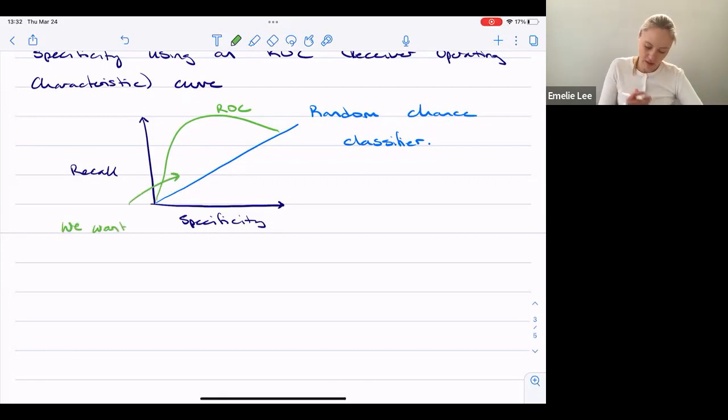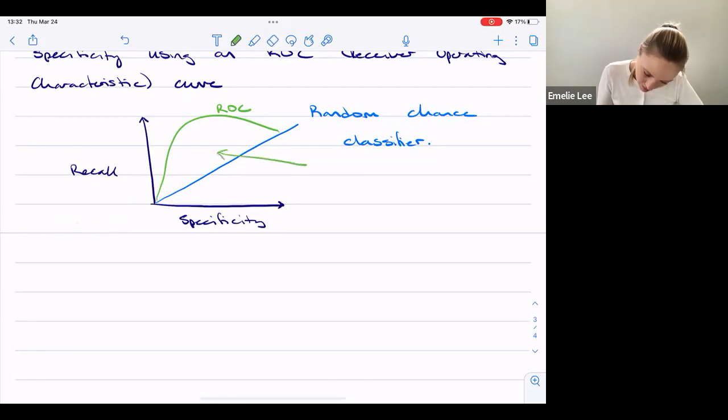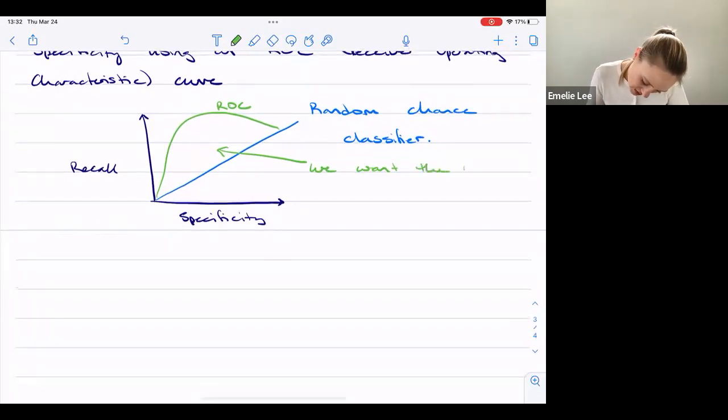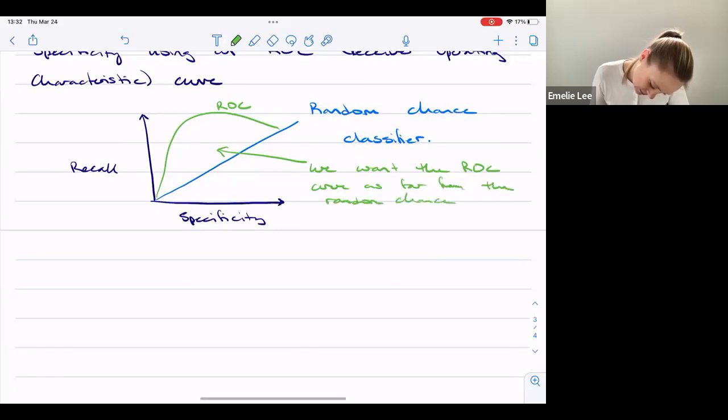We want, and maybe I should put it over here so it can stay on the same page, the ROC curve to be as far from the random chance classifier as possible.